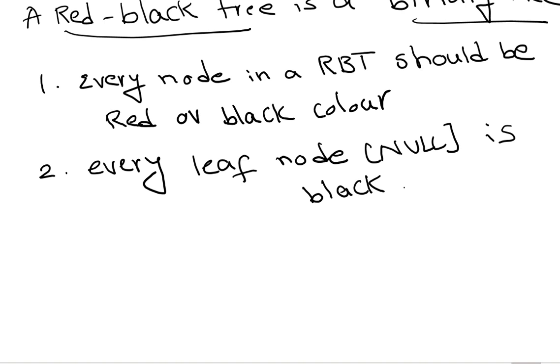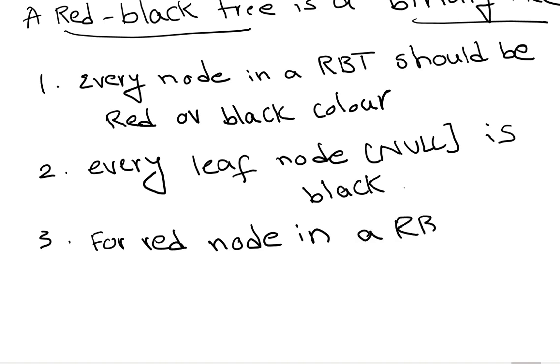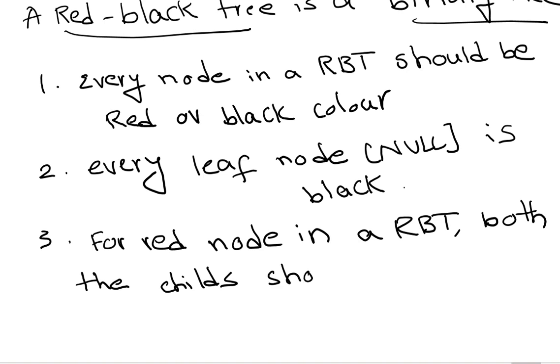And we have some property for red node. In a red-black tree, both the children of a red node should be black.